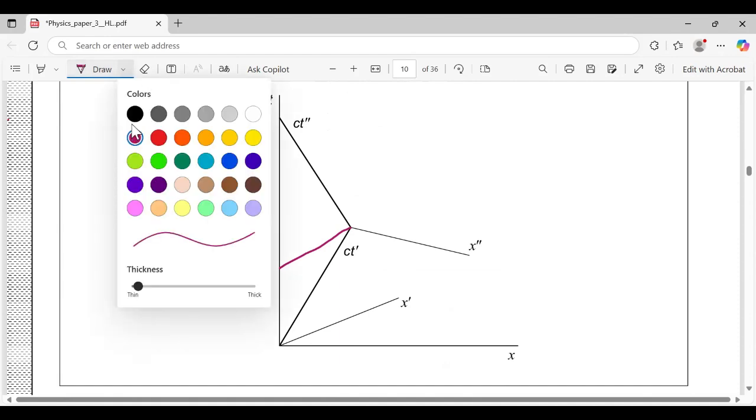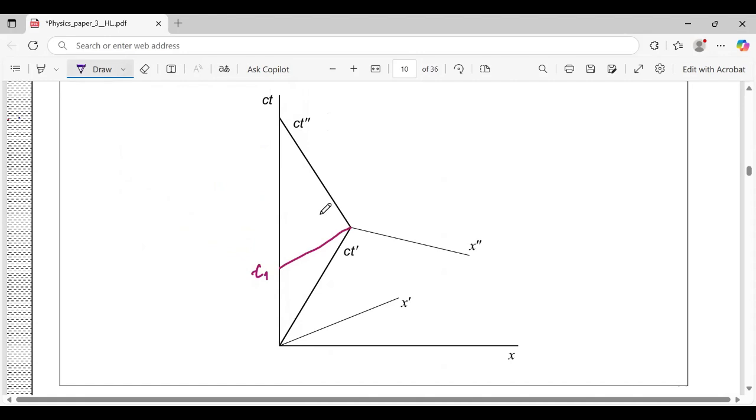Meanwhile, t2 is parallel with the x-double-prime axis. Okay, this is t2. And the difference is delta t.